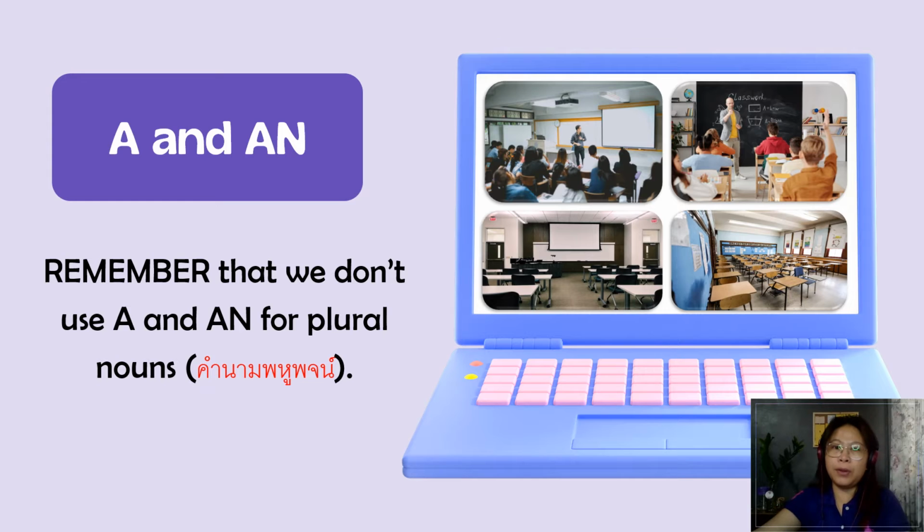And remember that we don't use a and an for plural nouns. So we don't say a books. Books is a plural word, a plural noun. Books, more than one.